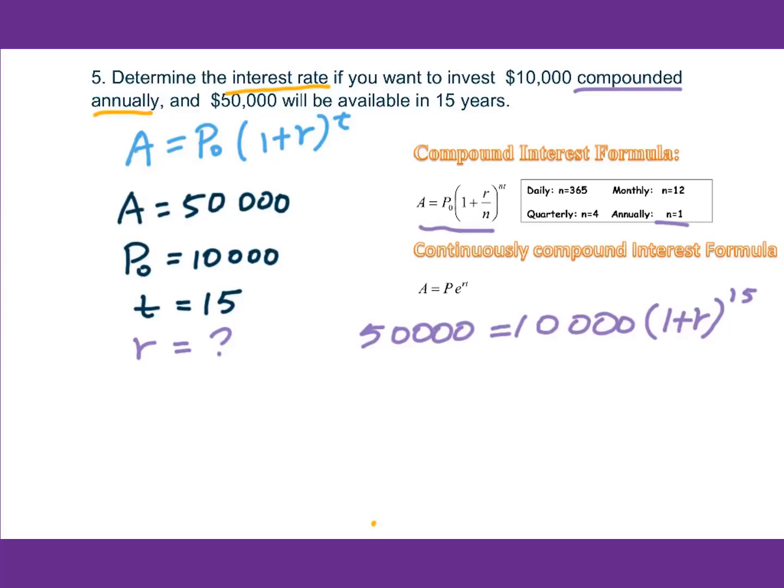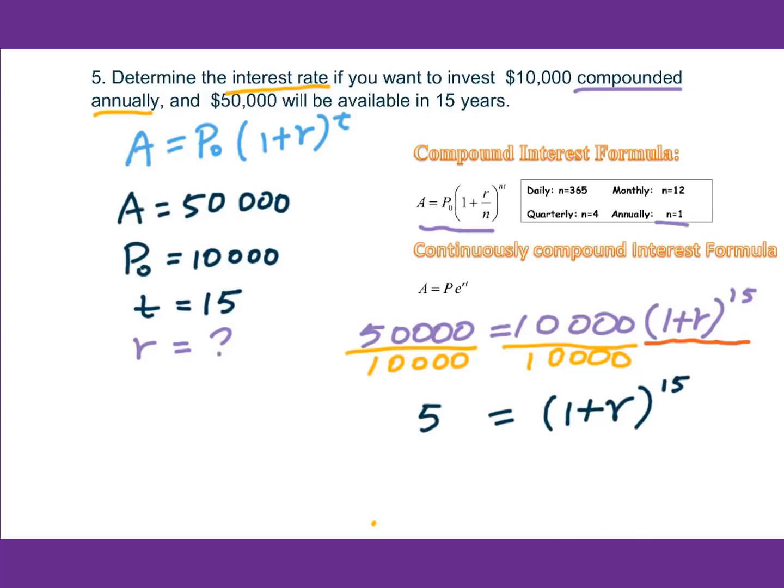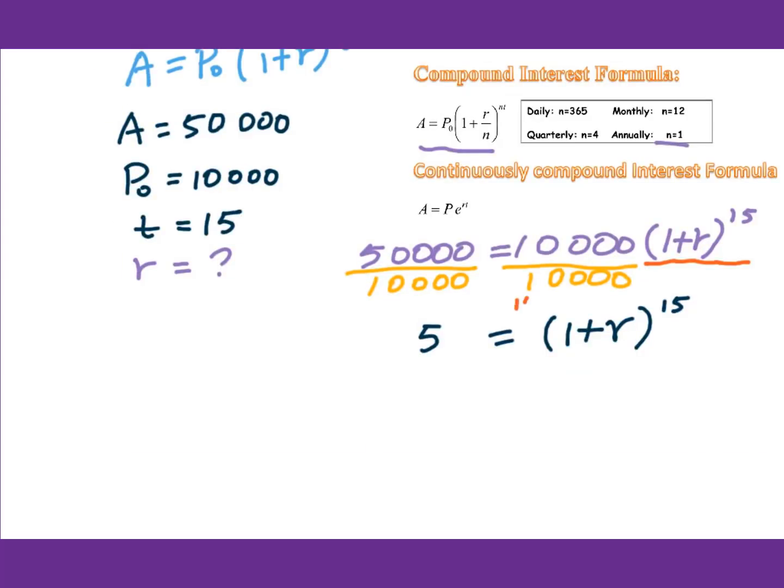This is a power equation now. Therefore, we isolate the power on one side by dividing by $10,000. You will get 5 equals (1 plus r) to the 15th power. Now we got to take the 15th root on both sides.